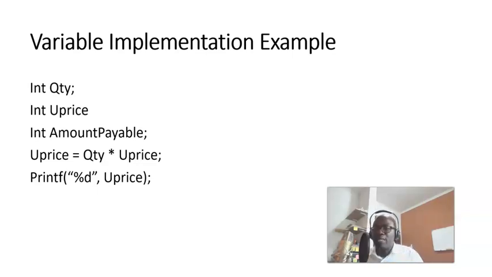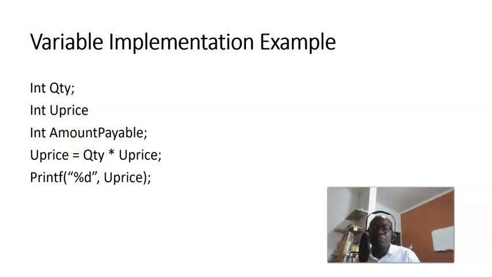If a customer comes, let's say with packets of sugar, let's say there are 5 and one costs 10 kwacha. So if this person buys 5 of them, you know that the unit price is 10 kwacha, the quantity is 5, and so we want the program to be able to calculate by multiplying quantity, meaning the number of items you've bought, times the unit price, and then it should be able to give the amount payable.